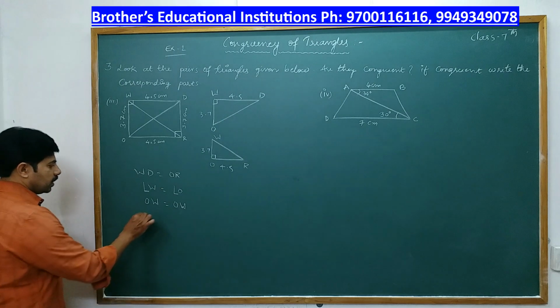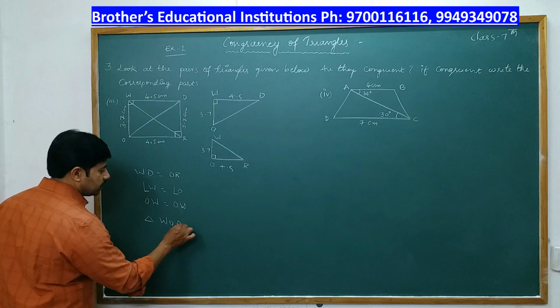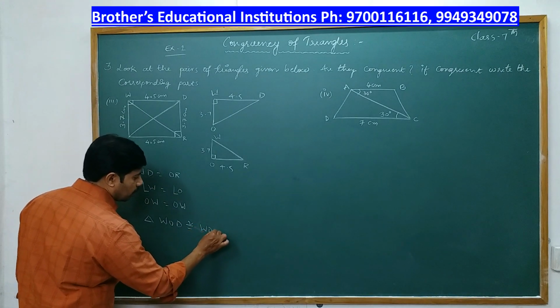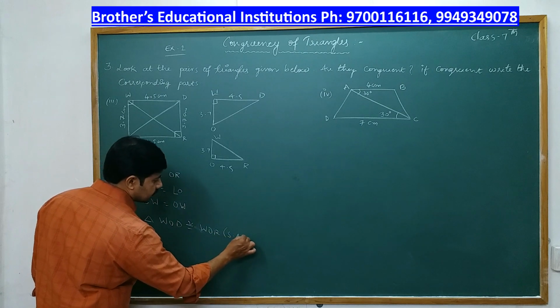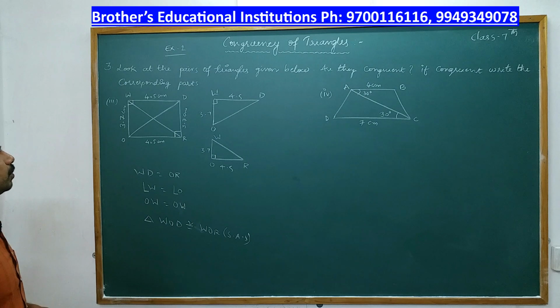Then we say the triangle WOD is congruent to the triangle WOR according to SAS. As the triangles are congruent, the corresponding parts we need to write.